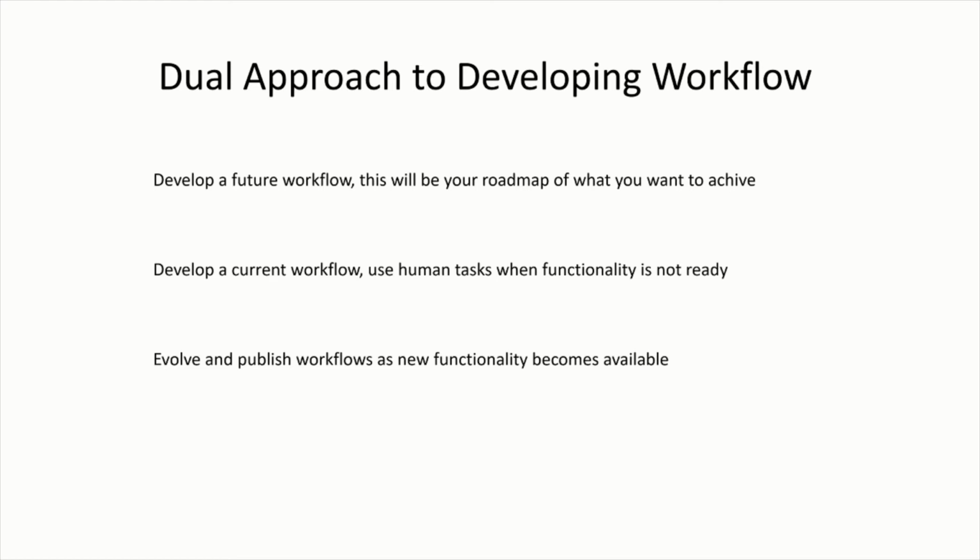Then develop a current workflow. I take that future workflow, and anywhere I have certain automation or certain ideas or processes, now I'm going to replace them with human tasks, because I know the human task can be executed and will be a substitute.